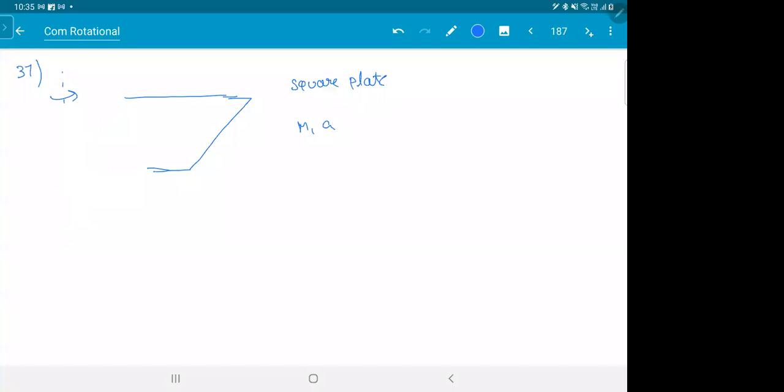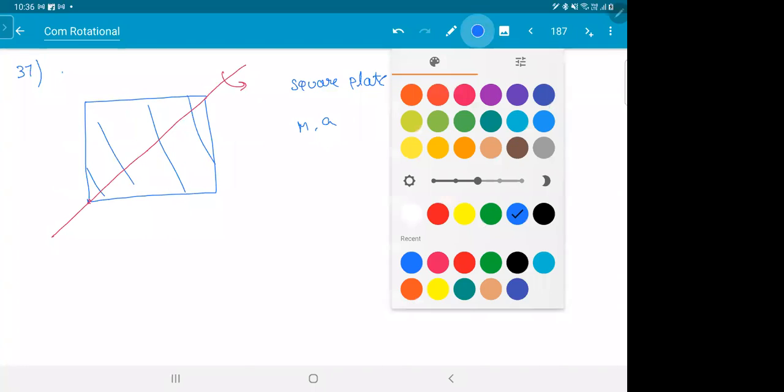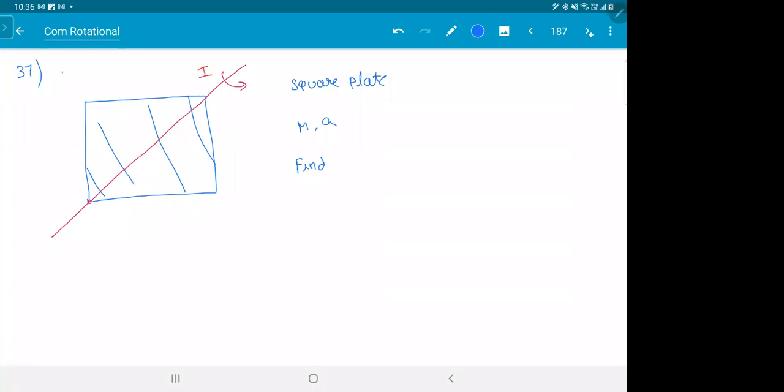We did this thing before. Now I want to put this axis about the diagonal. Get it? So you have a square plate of mass M, side A. You're catching the diagonals and rotating it. Find I about the diagonal.